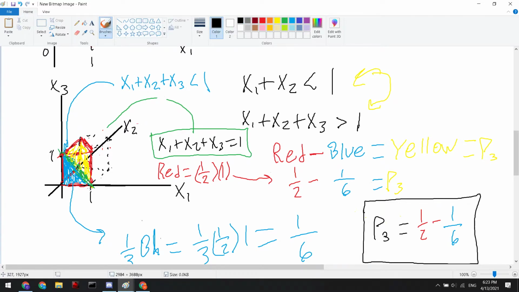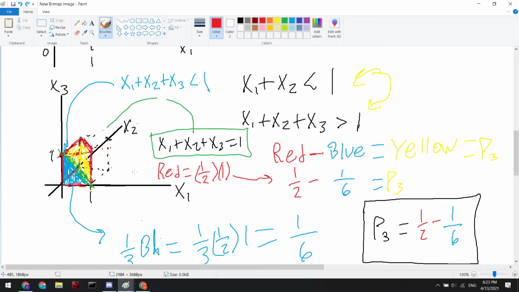And again, what we do is we take, instead of an area, we take a volume. So the volume of the red is going to be its base area, 1/2, times its height, 1, because it's just a normal prism. And when we do that, we can see that the red volume is 1/2.